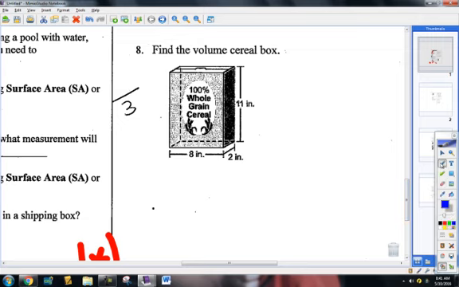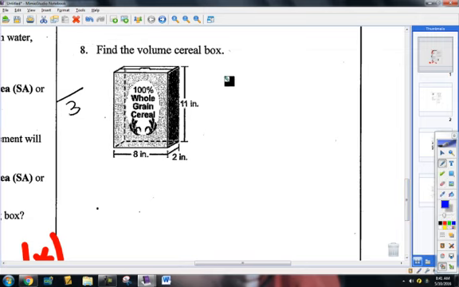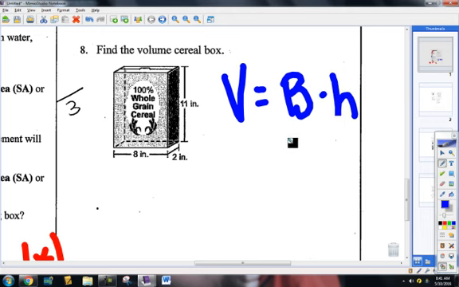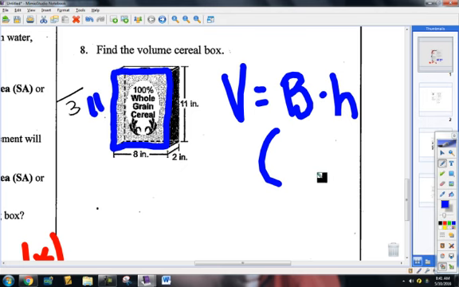Okay, number 8, it's worth 3 points because we're finding volume of that cereal box now. So we got area of the base times the distance between the bases. Doesn't really matter what you call the base shape. If you call the front, then that would be this. We've got to find the area of that front rectangle right there, which is going to be 8 by 11. Right, guys? And then the distance between, or how thick it is, is going to be 2.